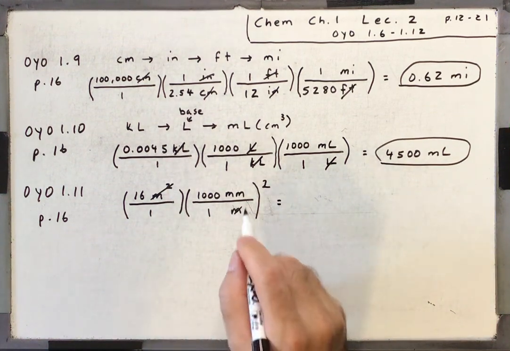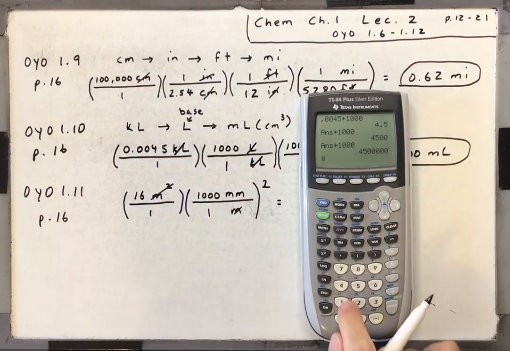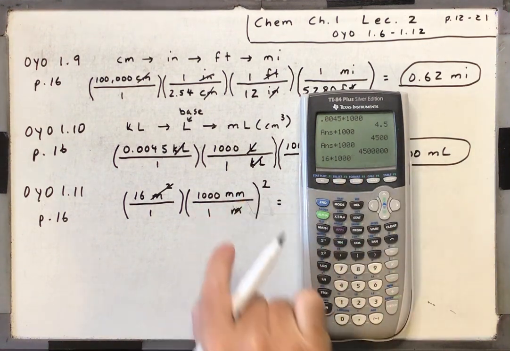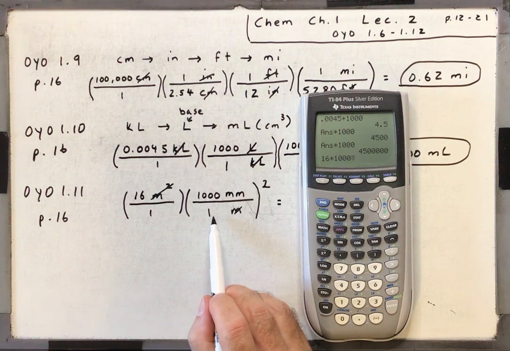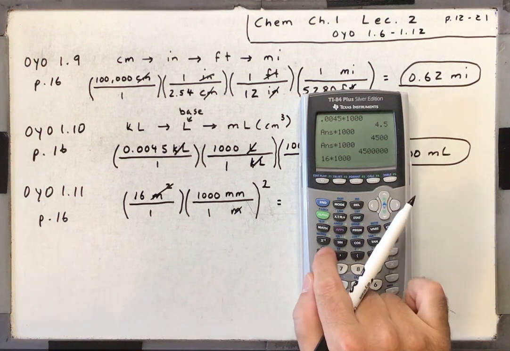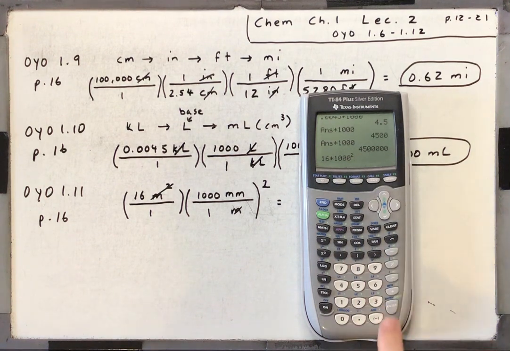So in your calculator, the way you do it, I'll put it here, 16 times 1,000, but you have to square that 1,000, all right? Now, you don't have to square the 1 underneath. 1 squared is 1. So square the 1,000. So find the x squared button, and you can see 16 times 1,000 all squared.